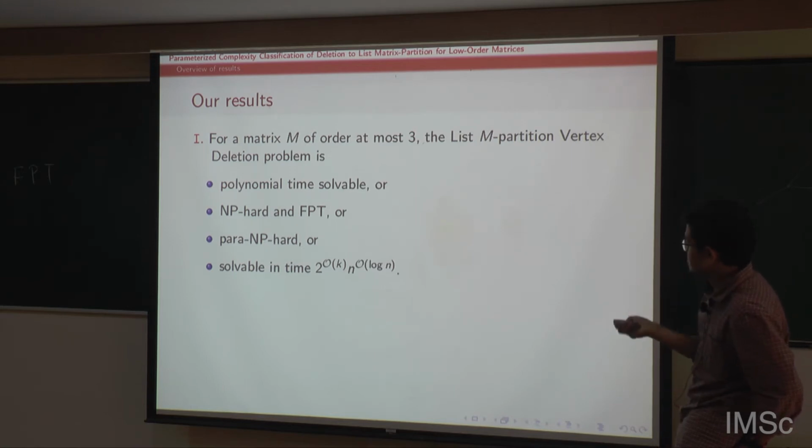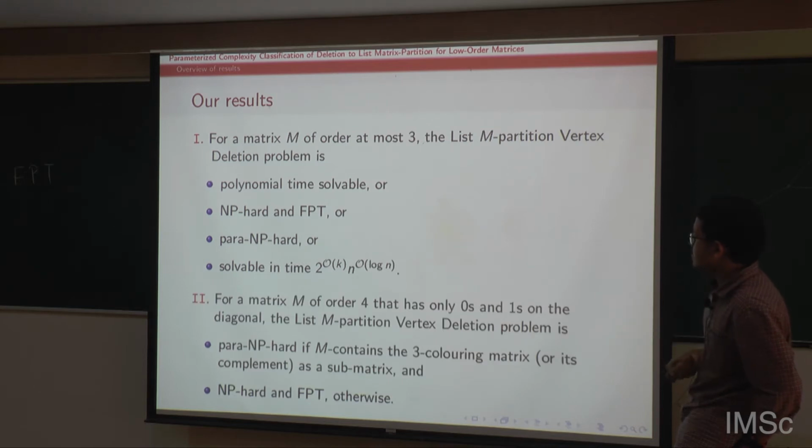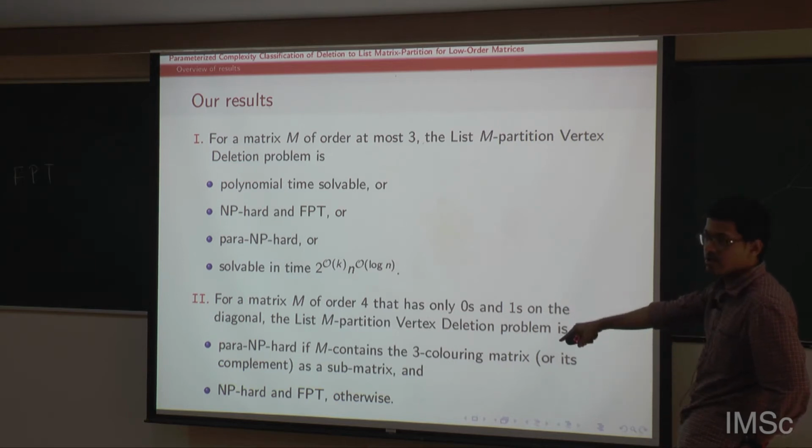And for matrices of order 4, we did not manage to show results for all 4 cross 4 matrices. We only looked at matrices that do not have stars on the diagonal. So all diagonal entries are either zeros or ones. So we showed that in this case, the list M-partition vertex deletion problem must be either para-NP-hard, or it should be NP-hard and FPT.